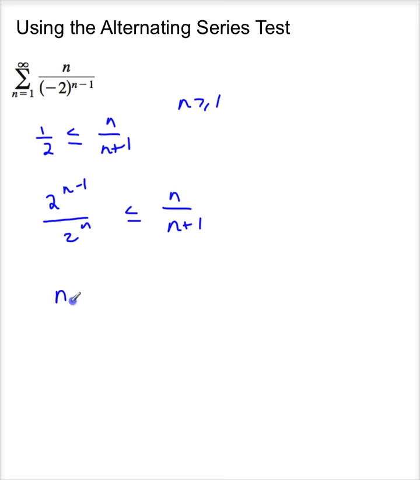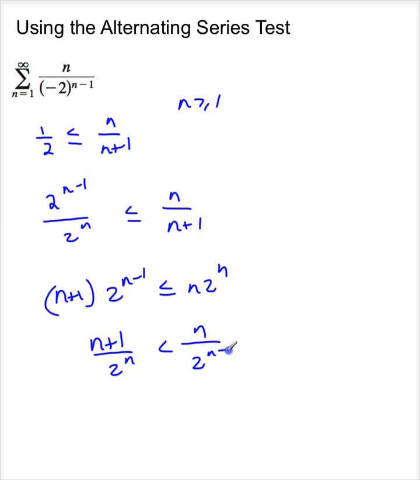Cross multiplying, I've got (n+1) times 2^(n-1) is less than or equal to n times 2^n. So I've got (n+1) divided by 2^n is less than n over 2^(n-1). So what this tells me is a_(n+1), which is (n+1) divided by 2^n, is less than or equal to n divided by 2^(n-1), which is a_n.